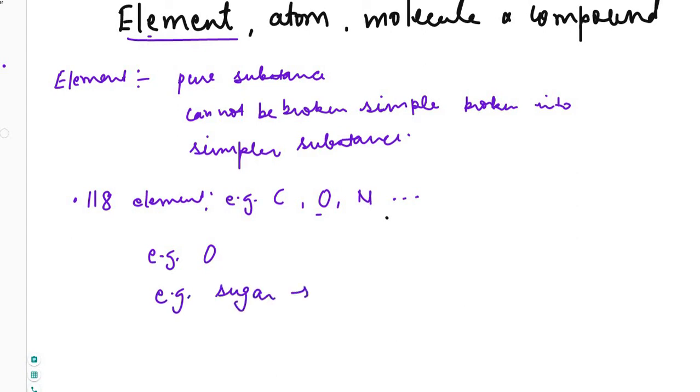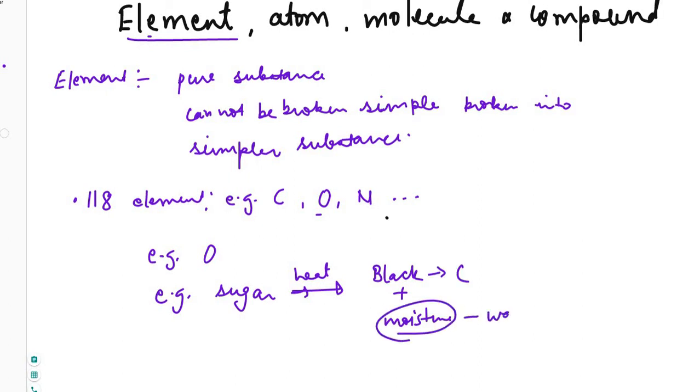Now let's take the example of sugar. When you overheat it, you can try burning, just take one tablespoon of sugar and heat it. You will find a black thing, and also a little moisture. What is this black part? What you are observing is basically carbon, and the moisture is because of water vapor.